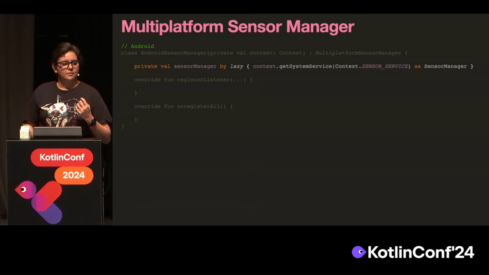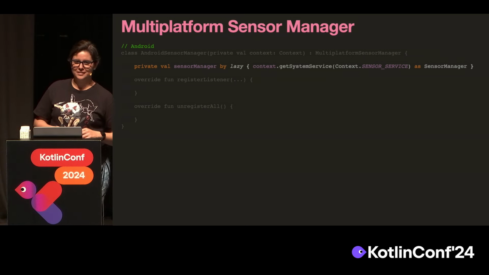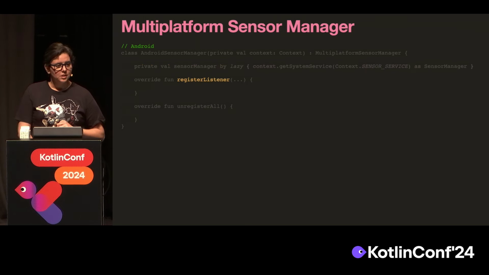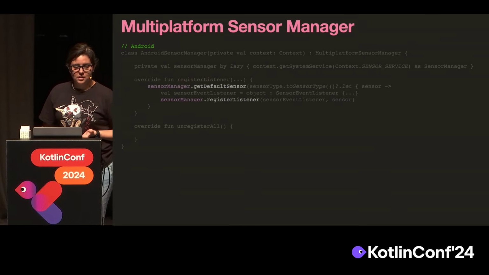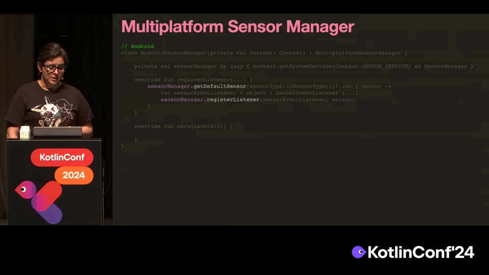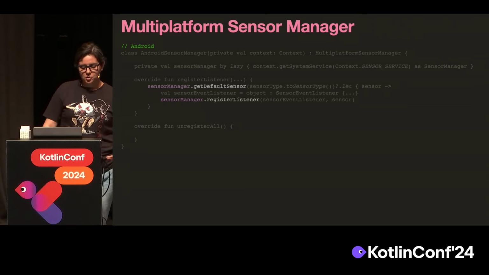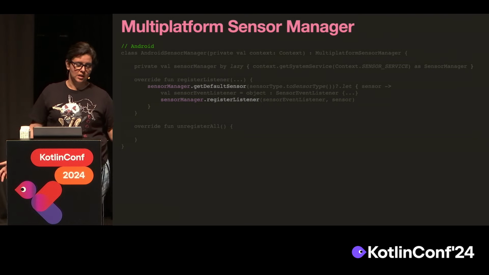You're probably going to have to provide some permissions in the manifest in case you want to get some delicate data. But after doing that, if you want to register a listener to that sensor manager, the only thing you need to do is get the default sensor manager, get the default sensor that you're looking for, and if that sensor exists, you can just register the listener to it. And with that, you're going to start getting data.